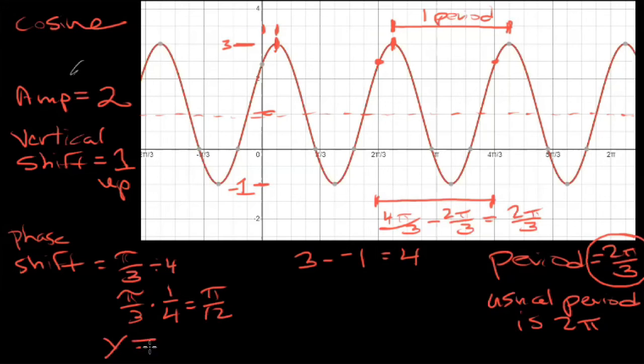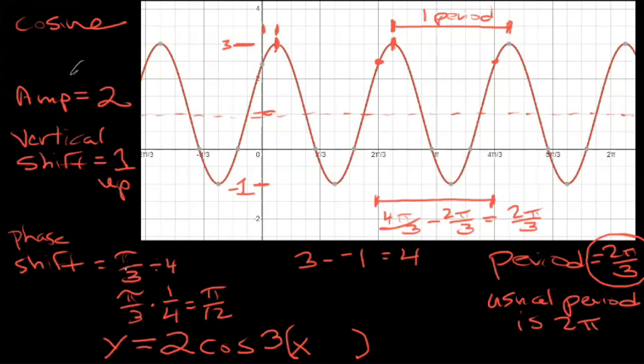So I'm going to build my equation now. So y equals, and if I look at my amplitude, amplitude is 2. It's not flipped upside down because I'm starting at the top. So just positive 2. I'm using cosine. I know that my period has been divided by 3, which I know horizontal lies, so I'm going to multiply by 3. I need an input variable.